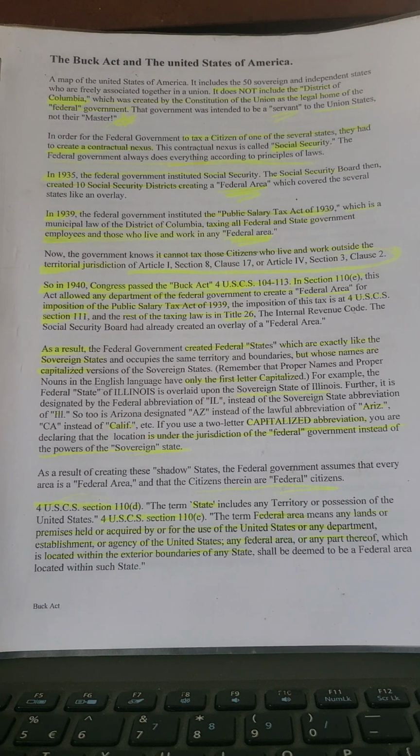The term federal area means any lands or premises held or acquired by or for the use of the United States or any department, establishment, or agency of the United States. Any federal area or any part thereof, which is located within the exterior boundaries of any state, shall be deemed to be a federal area located in such state.